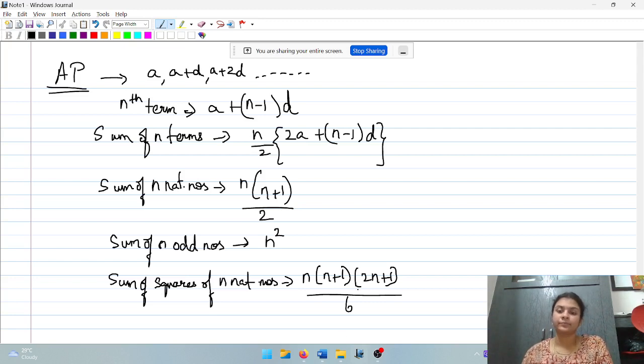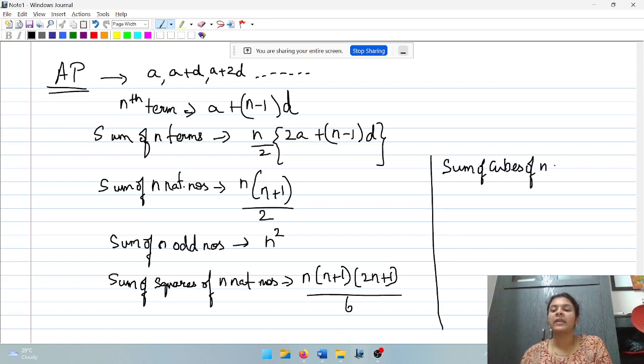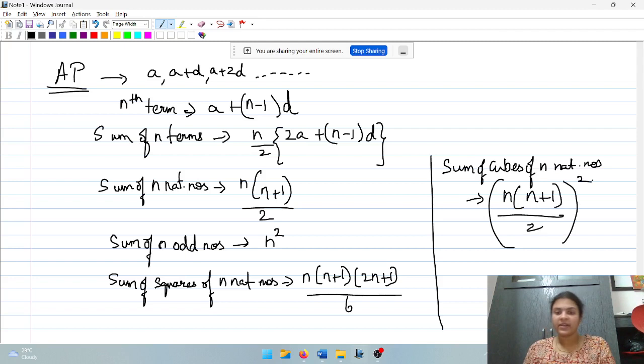And sum of cubes of n natural numbers is given as n into n plus 1 by 2 the whole square. Right, friends? So these are the formulae with respect to arithmetic progression that you will need to remember. You can take down for your reference.